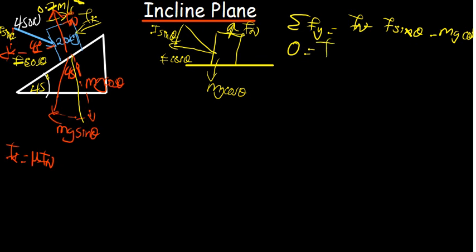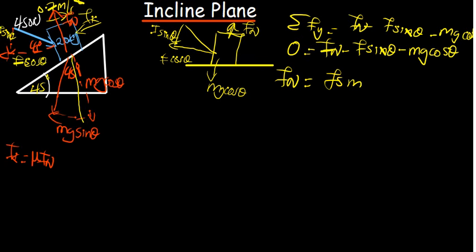We have Fn minus F sin theta minus mg cos theta. After that we shift everything to the other side, so Fn is equal to F sin theta plus mg cos theta.